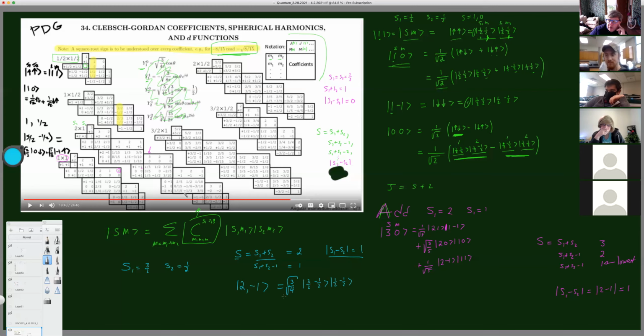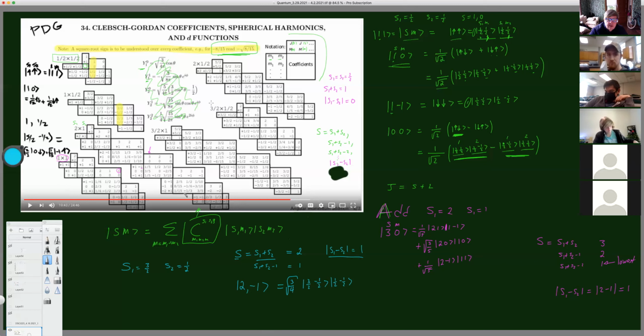Do you not know where to look on the table? In your book too, if this is too small, the book has the same table, although it's really small in the book. Remember, our first spin is 3/2, second spin is 1/2.